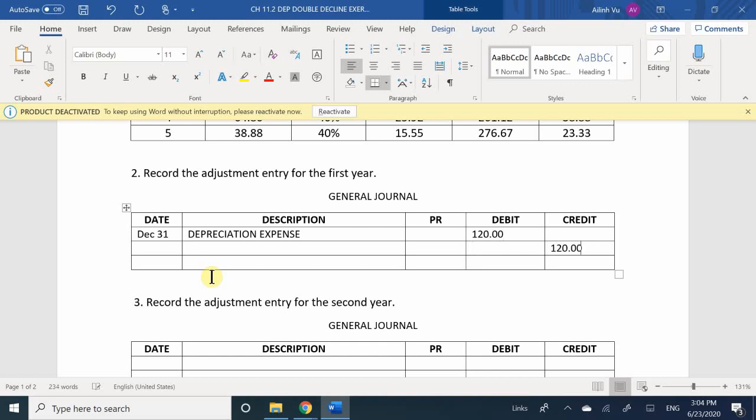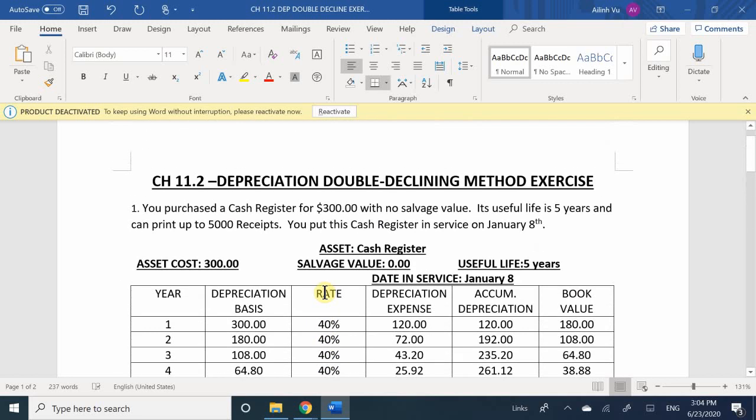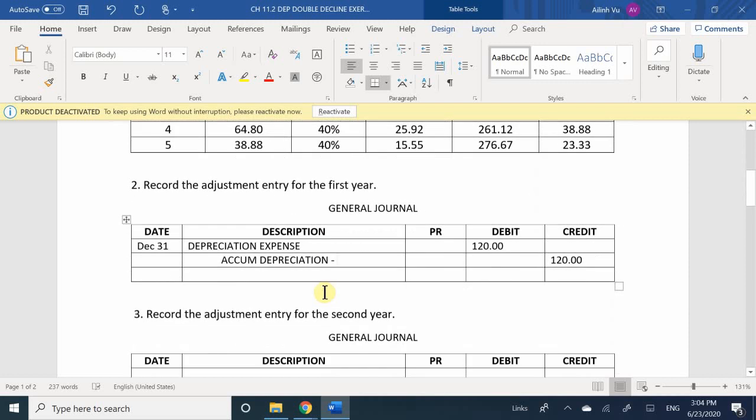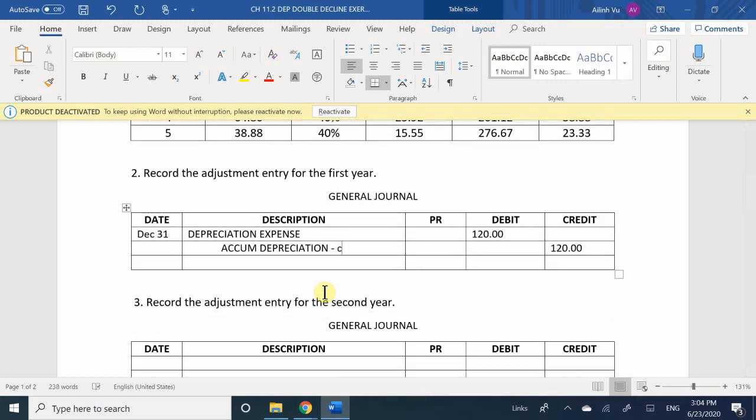And then what is my credit account? Accumulated depreciation. And what is it for, what machine? The cash register. Okay, I'm going to put CR so you know what it is.